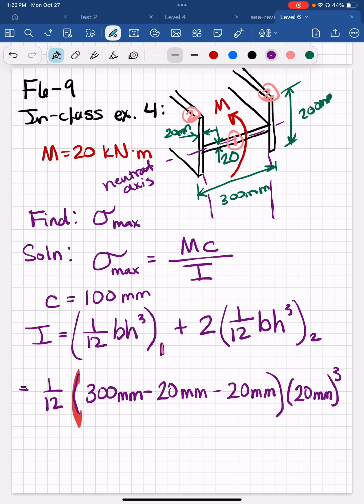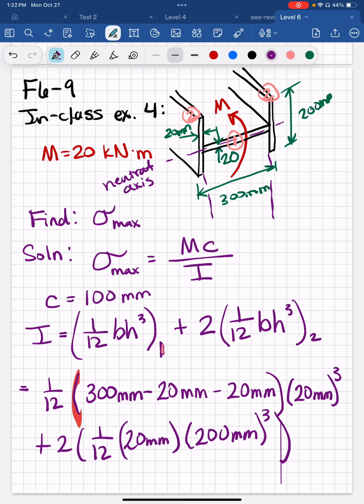And that's that first one. Then we also need to do plus 2 times 1/12. The base of those side pieces is 20 millimeters, and the height is 200 millimeters, and that one's cubed.